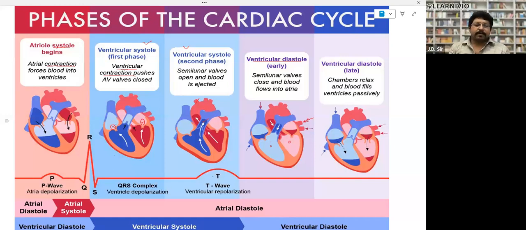Go through it and tell me, is it clear or not? If not clear, let me know and I will tell you again. But how the P wave, QRS complex, and T wave form, and what they mean, must be clear to you.